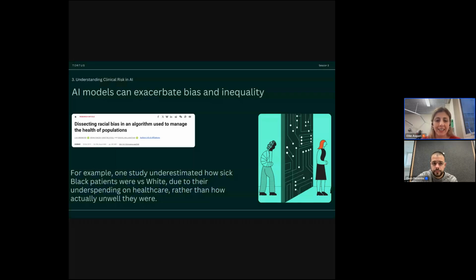What had happened is that Black patients were using less healthcare because they couldn't afford it. They were actually quite a lot sicker, presented a lot later and had poorer health. It wasn't that they needed less healthcare; it's that they weren't using it as much as they needed it because they couldn't.